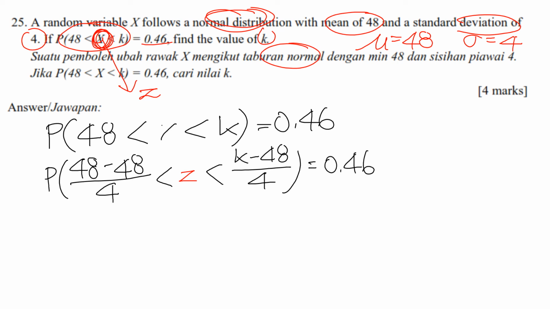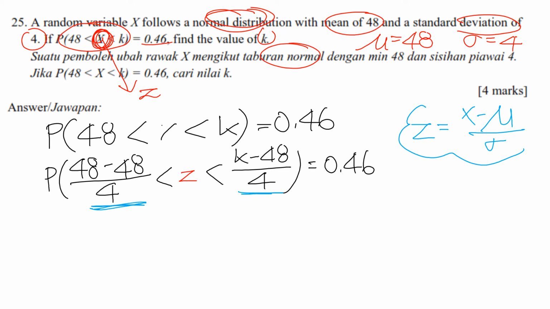Okay, remember you need to recall the formula of z dekat muka surat depan, your question paper. You can see that the z is given to you. Z is under statistics, rumus yang ke-14: X minus mu over standard deviation. Ambil formula ini untuk dapatkan yang ini dengan yang ini. Boleh?